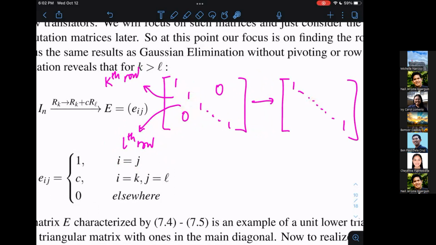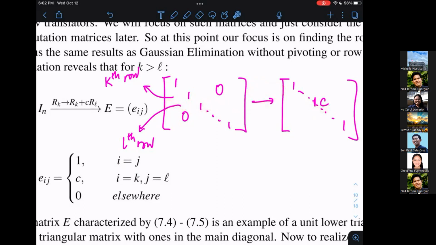Ang mababago lang actually sa kanya ay yung nandito. Kasi ito lang yung mamumultiply ng c, idadagdag ko siya sa kth row, so magkakaroon ako dito ng 1, tapos masusundan siya ng c. And then, everything else will be unchanged. Tama? Kasi mamumultiply ito ng c, so 0, 0, 0, ito ay magiging c, 0, 0, 0, i-add ko ito sa kth row, so magkakaroon lang ako ng 1 c.